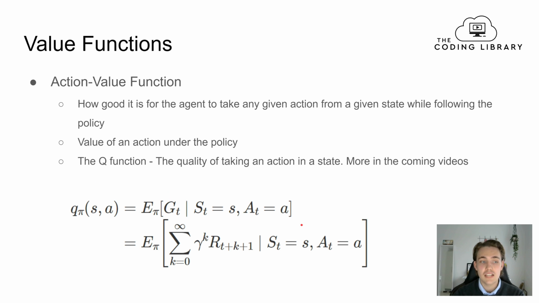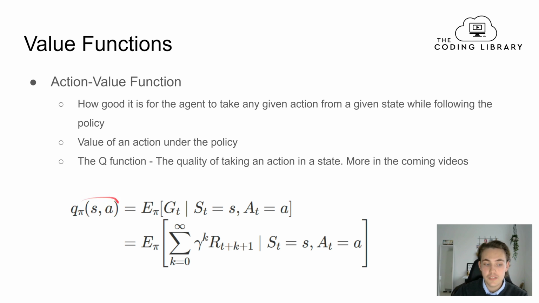We also have this action value function, and the action value function describes how good it is for an agent to take any given action from a given state while following the policy. First of all, here we have this q subscript pi, and we're given a state and action pair.